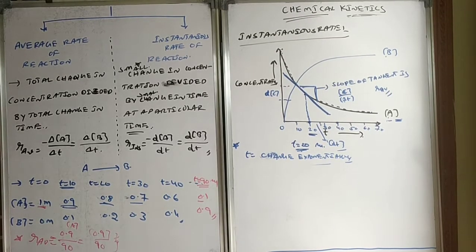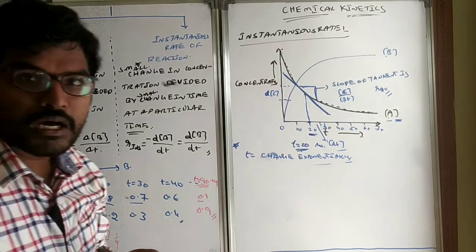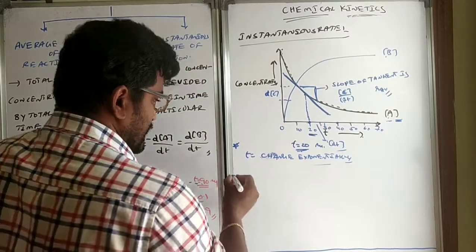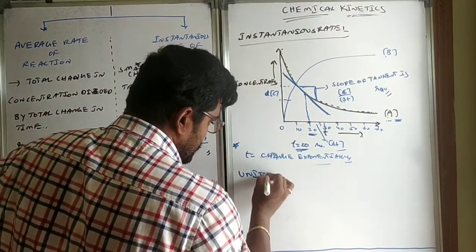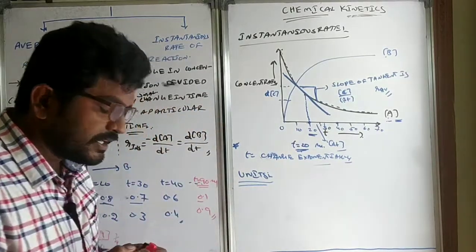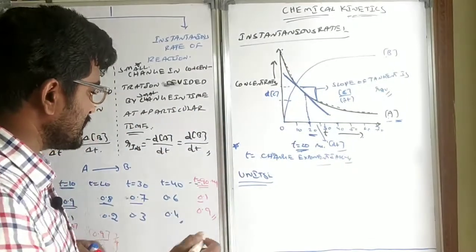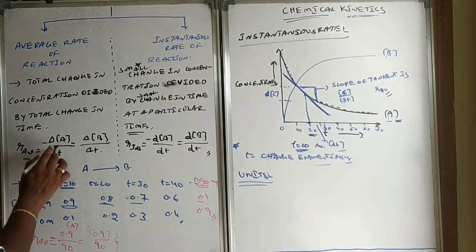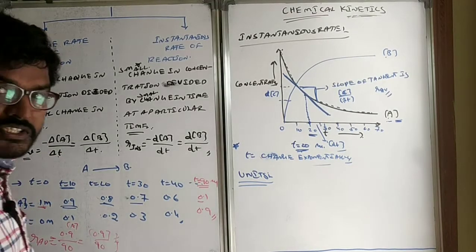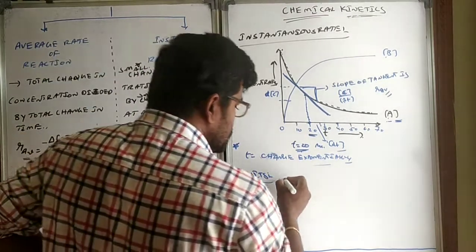If you see here now, what are the units of the rate of reaction? This is a very, very important one. What are the units of the rate of reaction? You know very well, R equals change in concentration by change in time. What will be the concentration units?